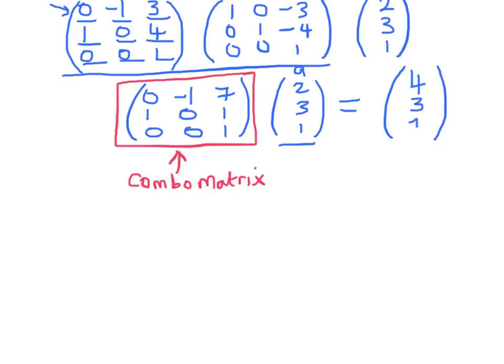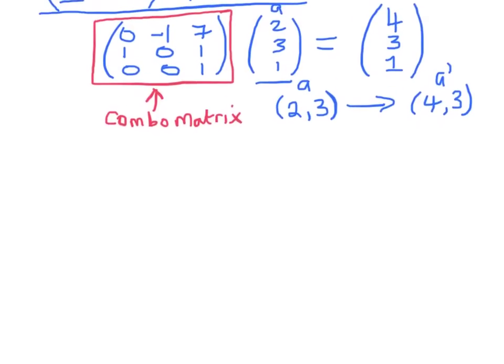And then the last value will be 1. So my point 2, 3, that's my A point. When I rotate it anticlockwise by 90 degrees about the point 3, 4, where I end up with is at 4, 3. So that's my A dash point.